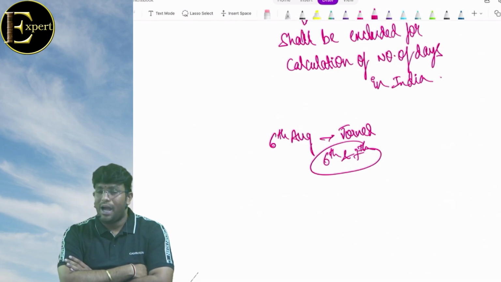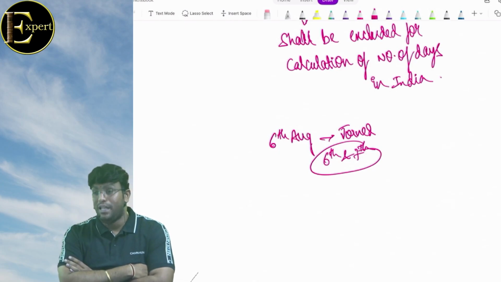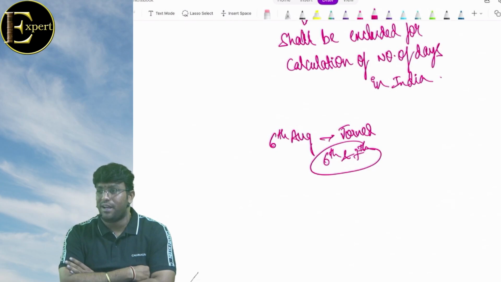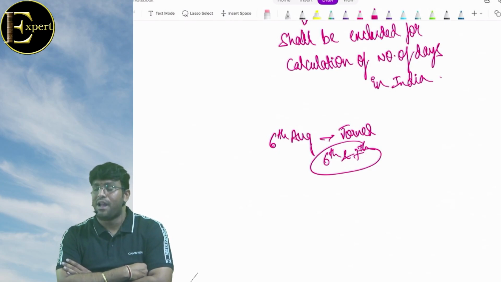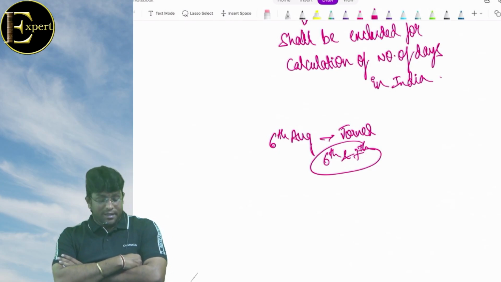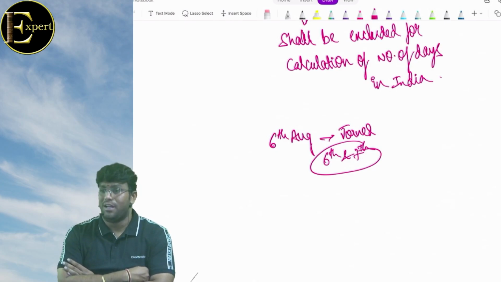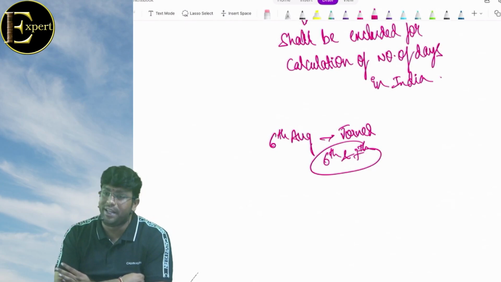Everybody? And what are the two cases where only the first is applicable? Indian citizen leaving India during the previous year for employment outside India. Second, Indian citizen leaving India during the previous year as member of crew of an Indian ship which is foreign bound. In that case, date of joining till the date of signing off shall be excluded for calculation of number of days in India.